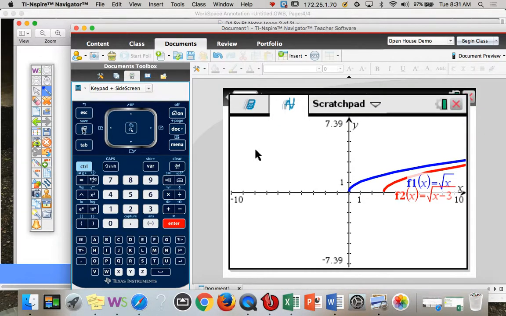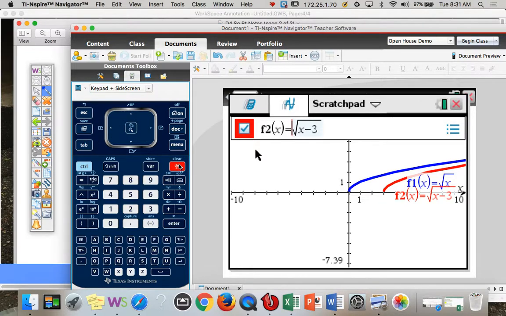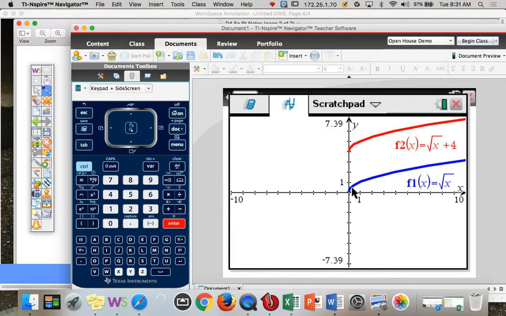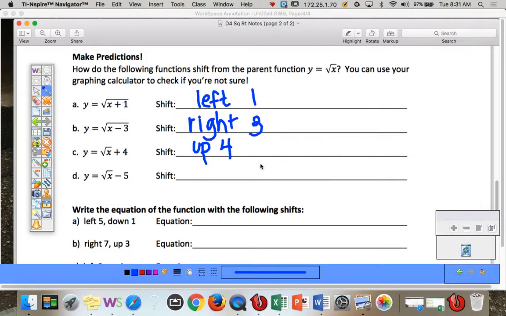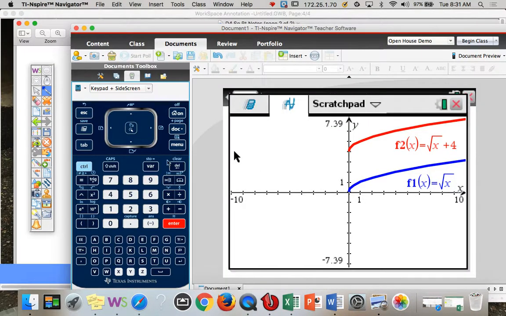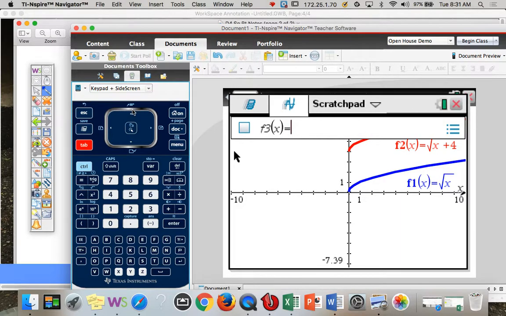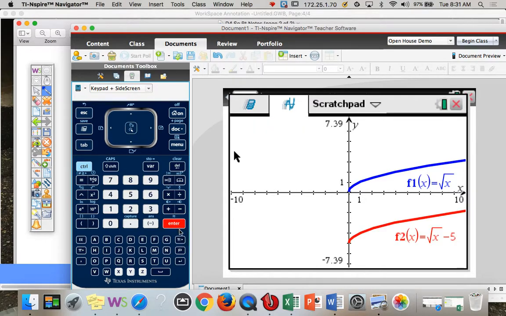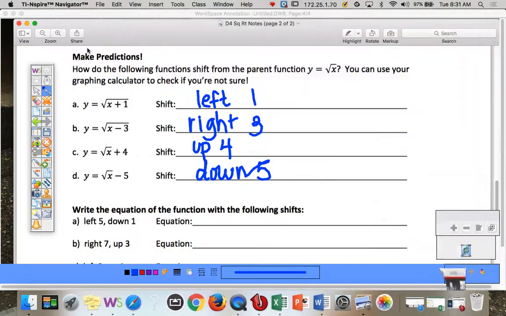So again, let's type that in. And we can see it does go up 4. And -5 then would be down 5. Okay, so again, if I hit tab, minus 5. And it does go down 5.